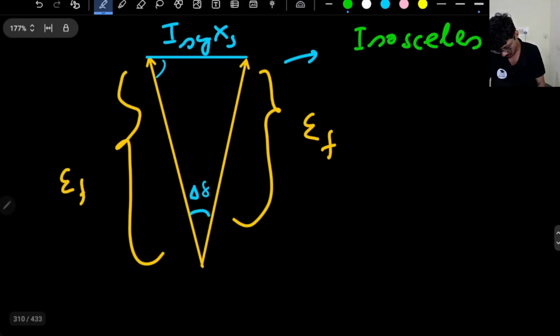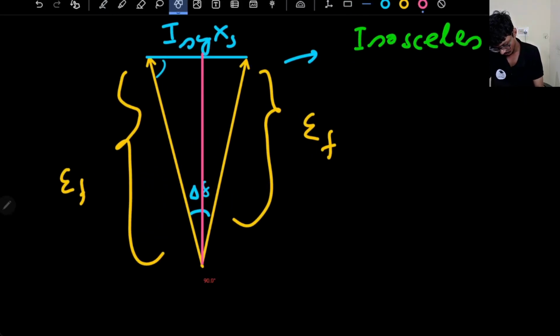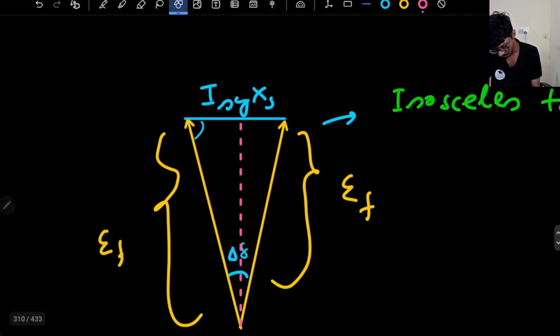I'll use the basics. So the basics will be that if I draw the perpendicular bisector here, although it does not look like a perpendicular bisector, how much length will this be?